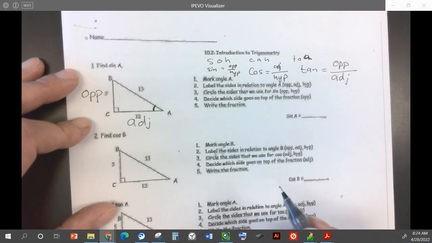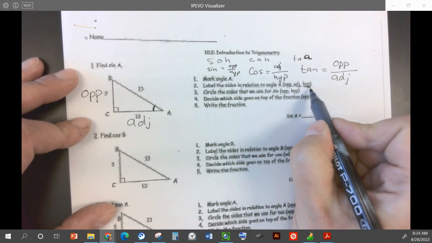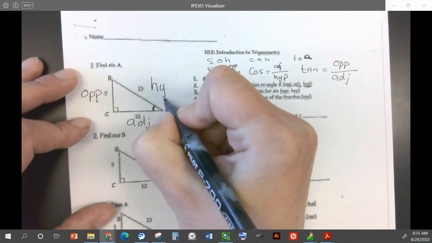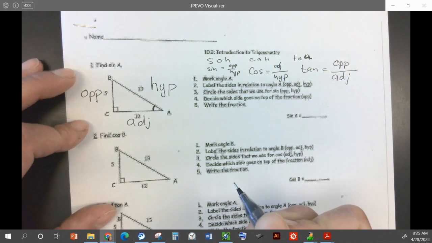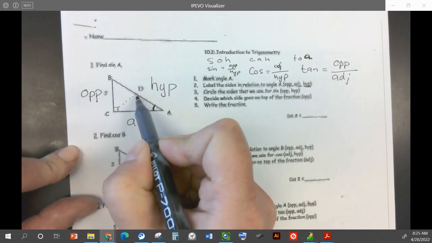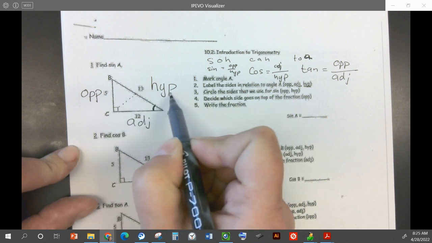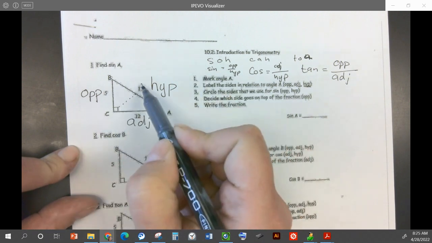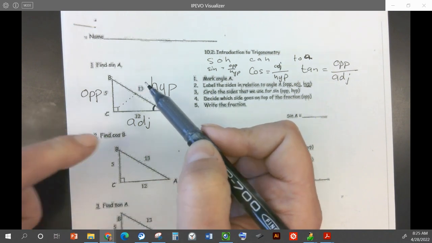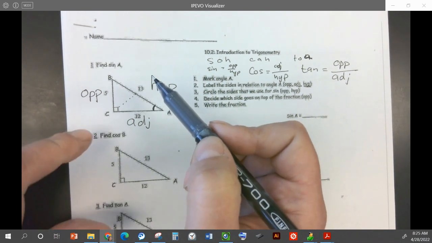Adjacent. And which one is the hypotenuse? 13. Good. Hypotenuse. The hypotenuse is always across from the 90, but also 13 is the longest side. So the longest side is always the hypotenuse.